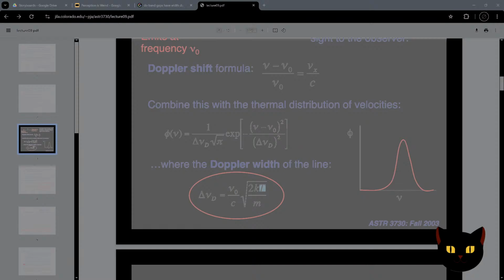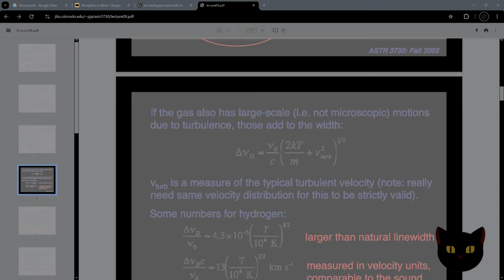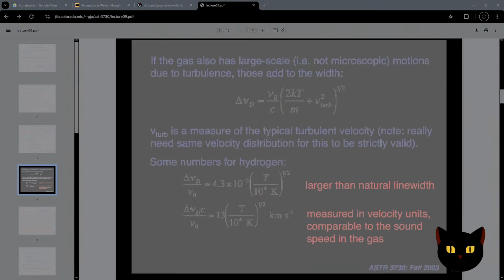This is the temperature factor there. So when the temperature goes down, the width of the frequency goes down. Also, in a small, cold sample like this, you won't have very much turbulence. So you'll have little to no turbulence.